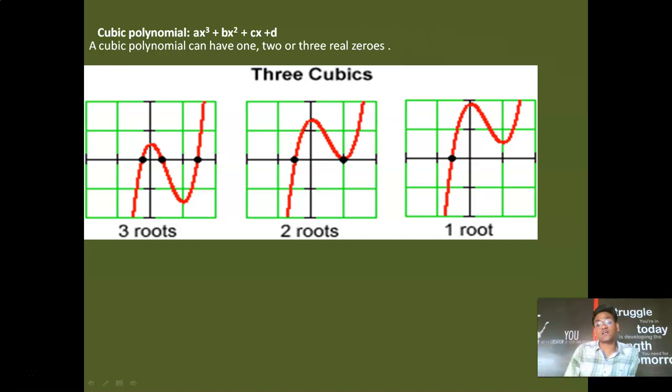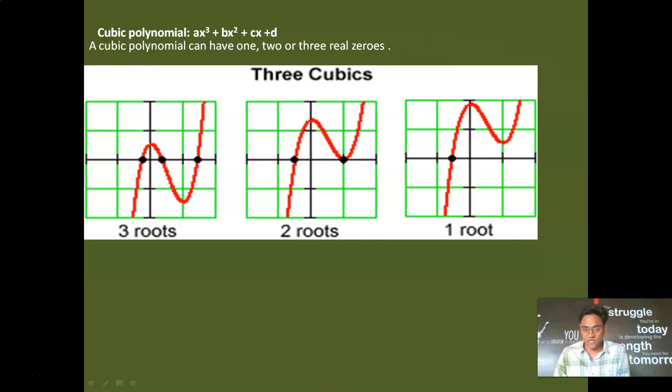By just observing the graph, you have to tell whether it is a quadratic polynomial or a cubic polynomial, and what the number of zeros is. The basic important thing is the number of zeros of that polynomial, so you just need to check how many times the curve is meeting the x-axis. That's going to be very important.